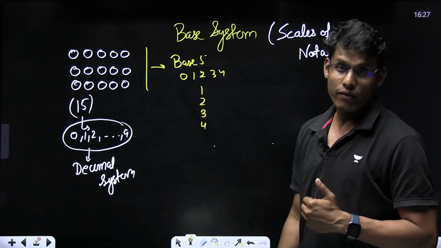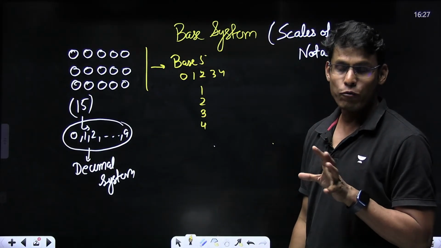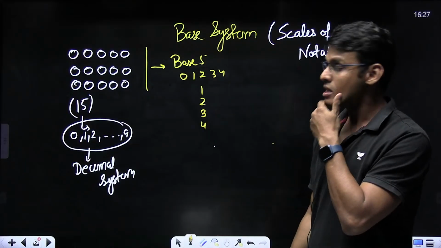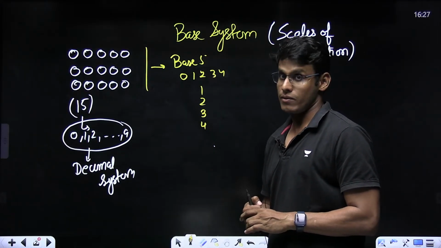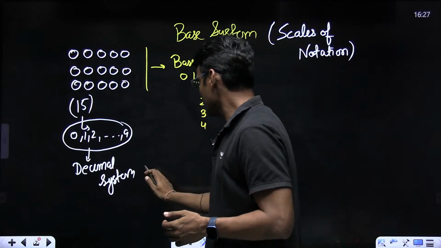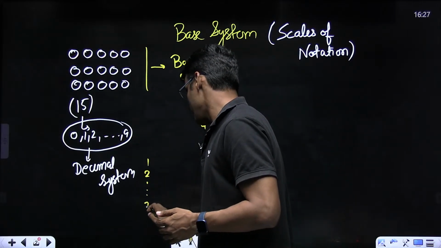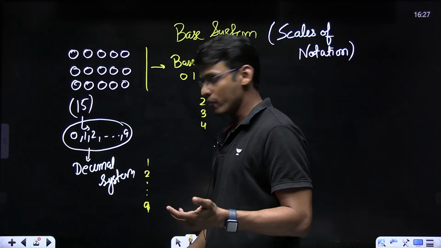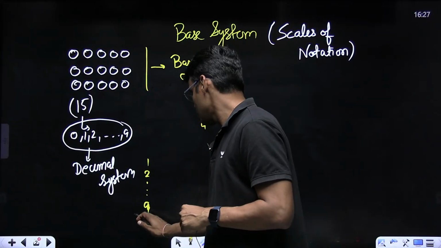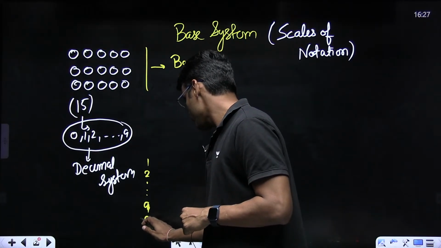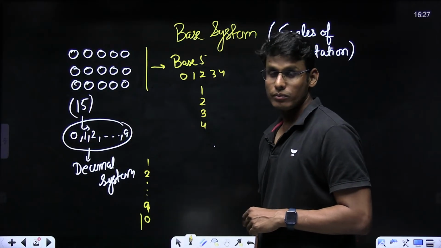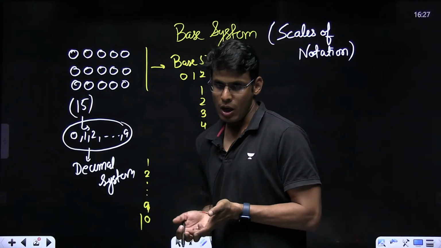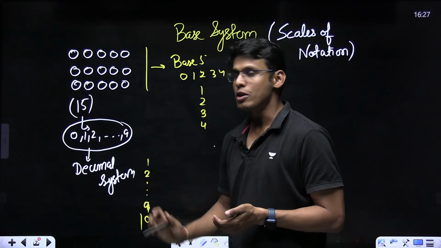Now I have 5, and I have to write 5. But the problem is my single digits are over. So when my single digits are over in the decimal system, what do I do? To write the next number, I write 0 and then add 1 here. This becomes 10.